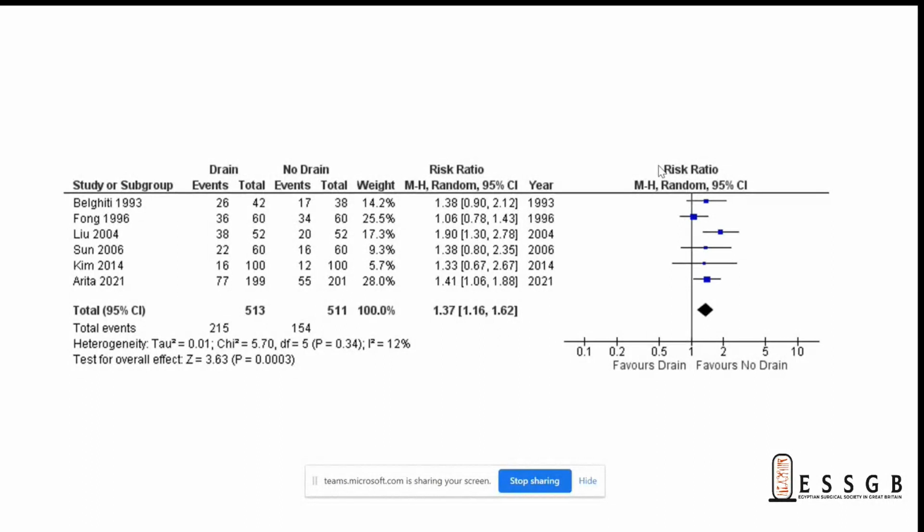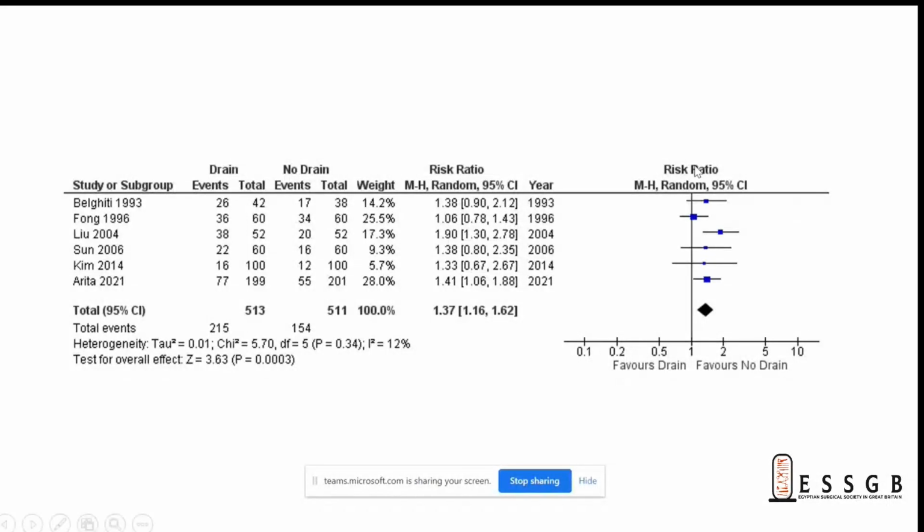There are different terms for it. It's called risk ratio. The other one is called odds ratio, which is very different from the odds ratio or risk ratio usually reported in your randomized control trial, case control, or cohort study. These just belong to the meta-analysis, just the ratio.